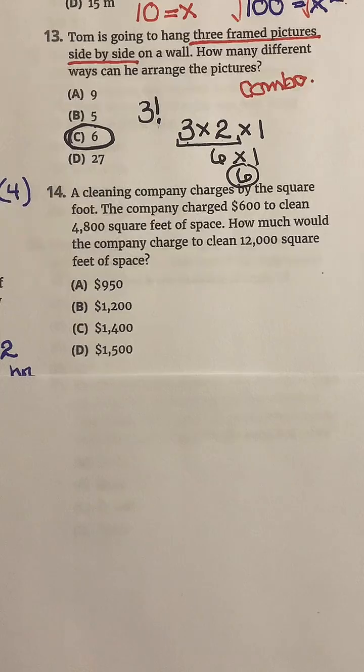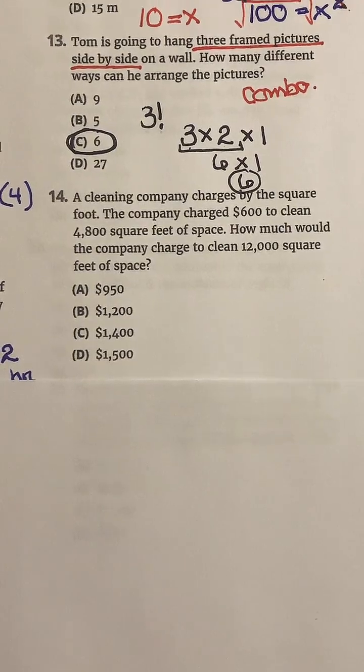Cleaning company. Do I go over proportions? Almost all the time. Actually, we can do a proportion with this one. I'm seeing some D's. Right now, let's use some common sense sometimes.